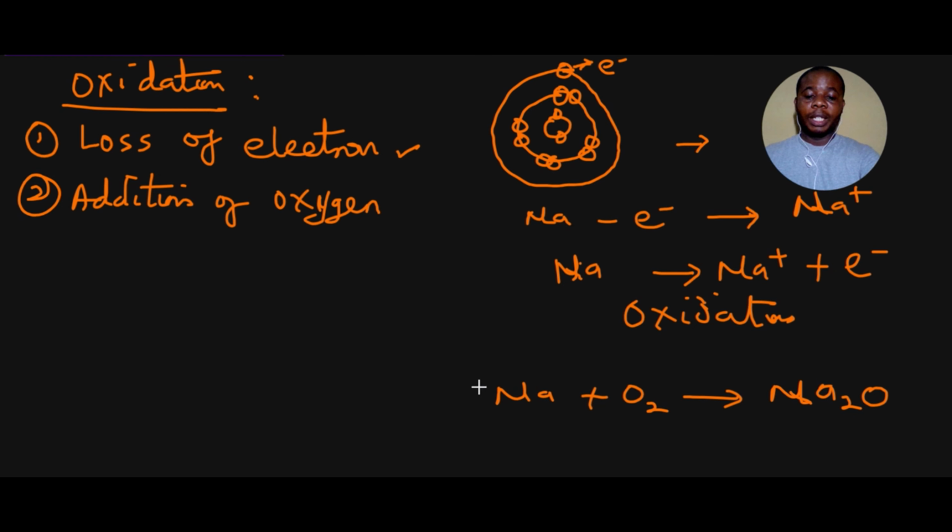No, the equation is not balanced. So place 2 here to make sodium balanced. Then oxygen is 2 here, oxygen is 1 here, so oxygen is not balanced yet. So place 2 here, and you place 4 here to make sodium 4. So sodium is balanced. Oxygen is therefore balanced because oxygen is 2 here and 2 here too. Sodium is 4 here and 4 here. So the equation is balanced. So in terms of addition of oxygen, we say there is oxidation.